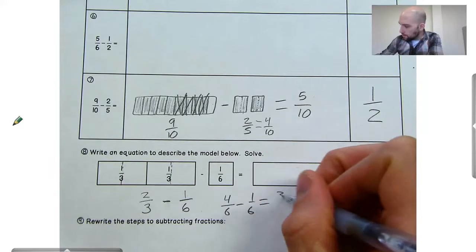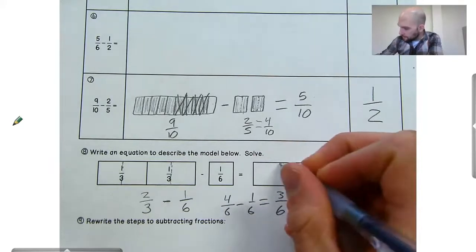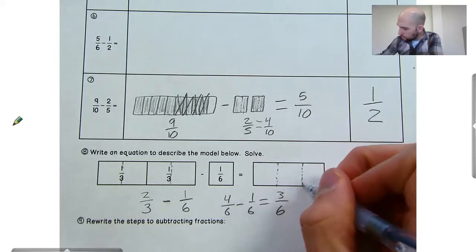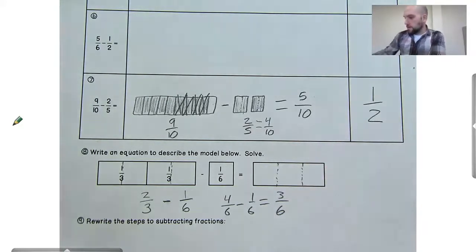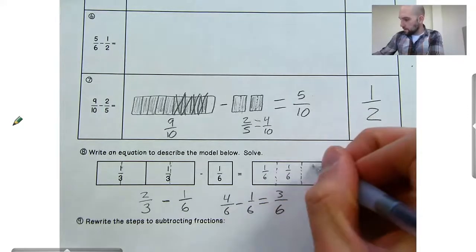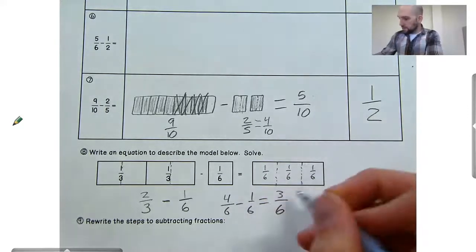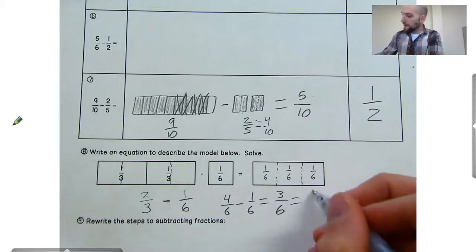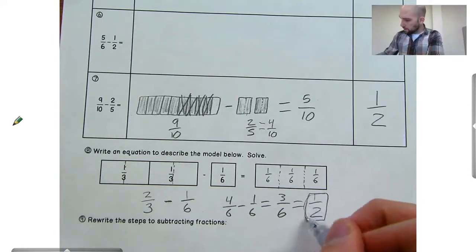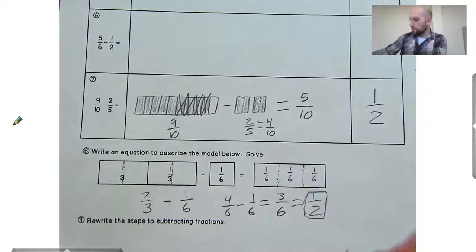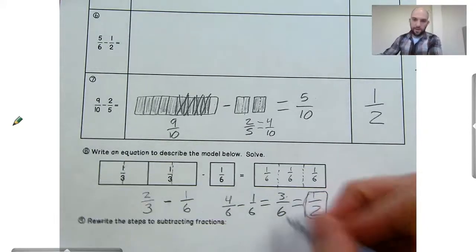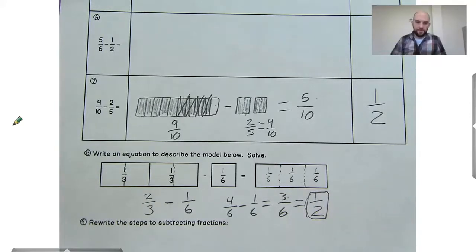And I'll end up with 3/6, which will look like this. If we have 1/6, 1/6, and 1/6, but 3/6 is also 1/2. We have another 1/2 solution. We divide 3 by 3, we get 1. We divide 6 by 3, we get 2, and we'll end up with 1/2.